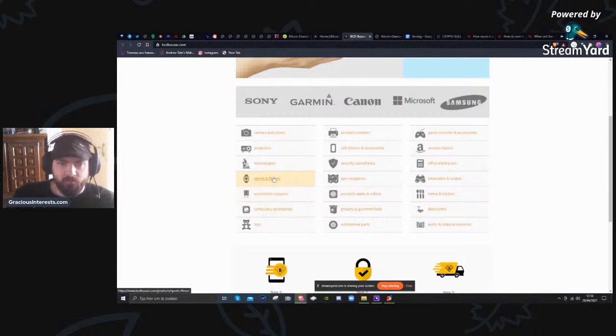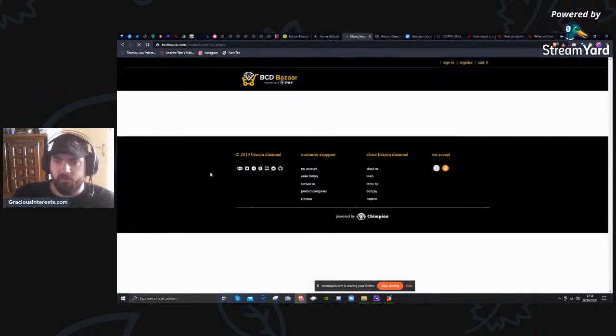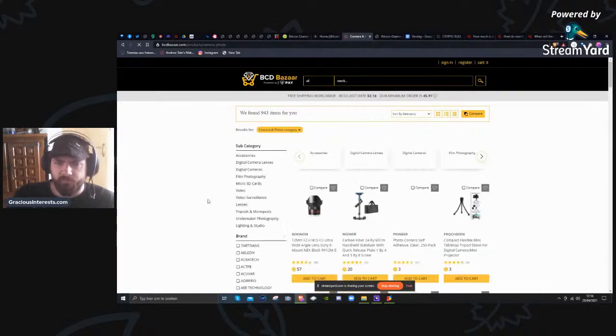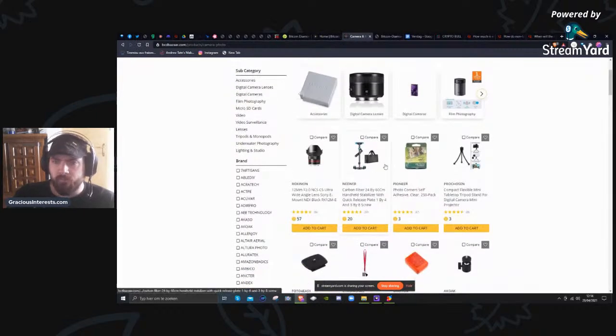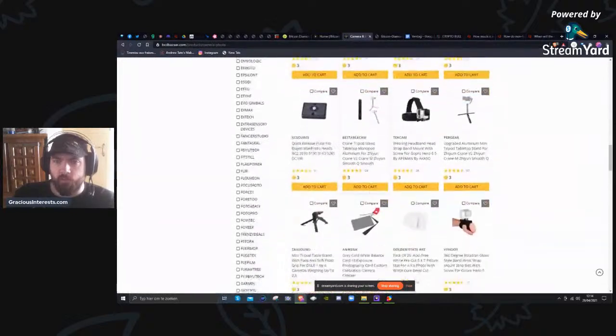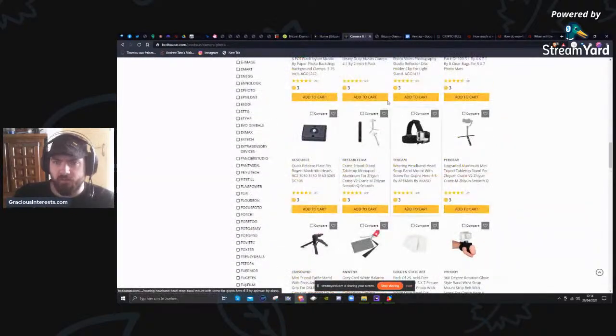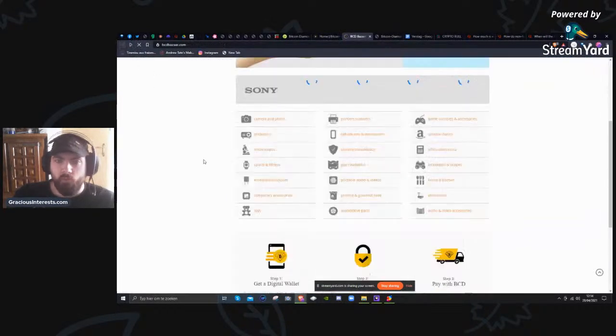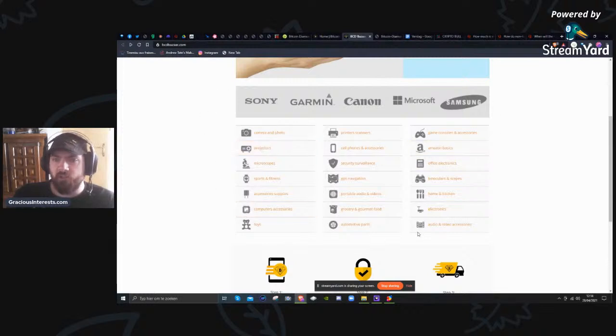Okay, just out of curiosity, cameras and photos, something I'm interested in. So okay, they are about buying and selling merchandise here. I must admit this one is actually quite cool.